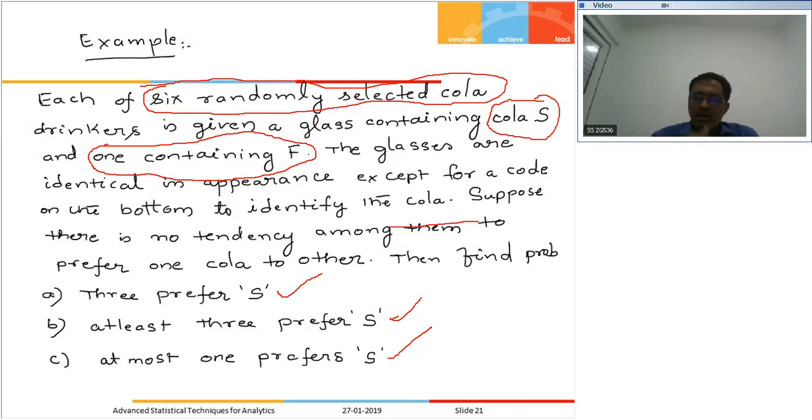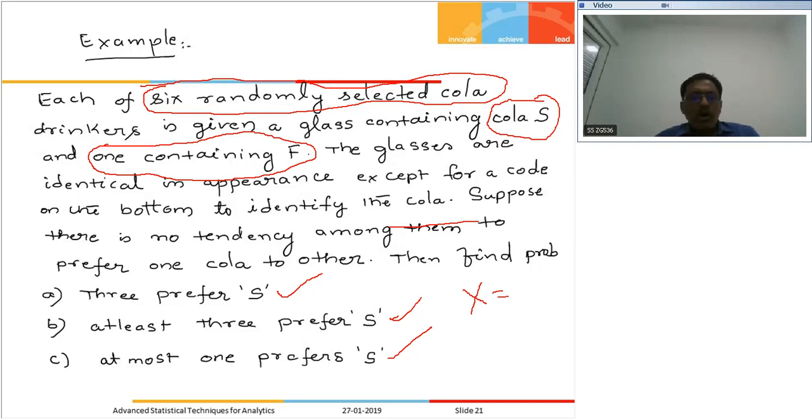And the trial they are doing is picking a glass; either it may be glass S or glass F. But here the discussion is with respect to S. That means we define the random variable X as getting a glass with cola S, the first type of cola, that is yes.